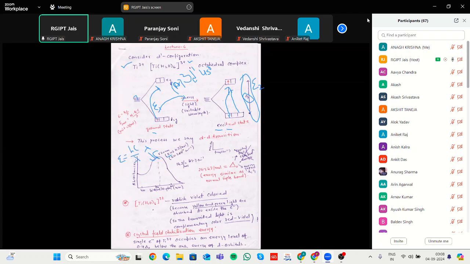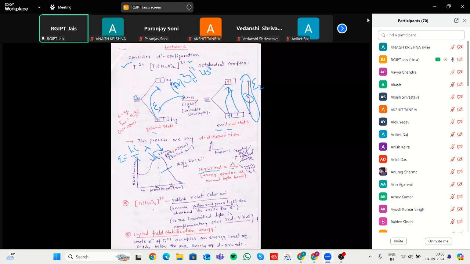And that's why we can calculate the energy easily. The unit of del O, the octahedral energy, is 243 kilojoule per mole. That can be calculated from here, because it absorbs energy at 520 nanometer wavelength.